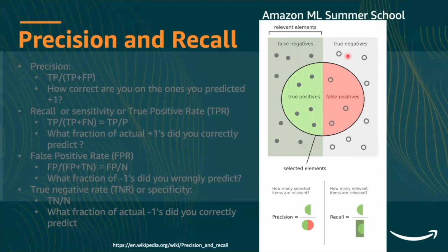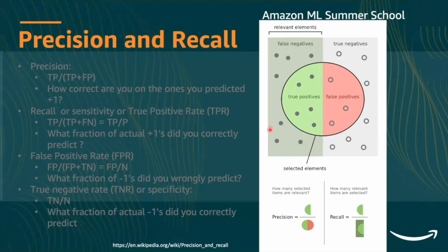Anything inside this green semicircle indicates true positive. That is, whatever the model has predicted as 1, the actual label is also 1. The pink classes are the false positive cases. That is, the model has predicted them to be 1, however their actual label is 0, and hence these are false positives.